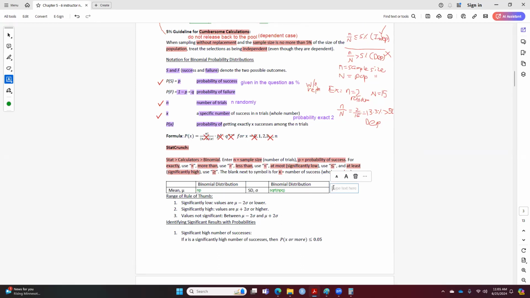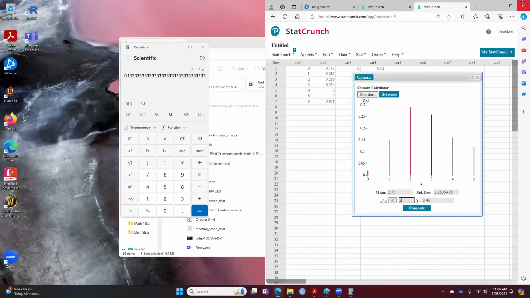Instead, you can put this in your var1 and then var2, and then use the custom calculator, the one that you just did in 5.1. Now, if you use 5.1, it's going to be a lot of work, because remember what we did last time over here.